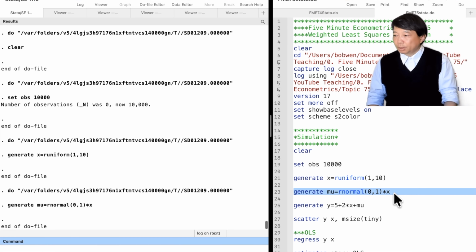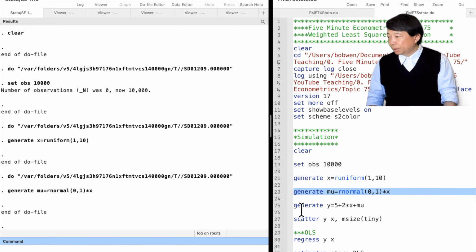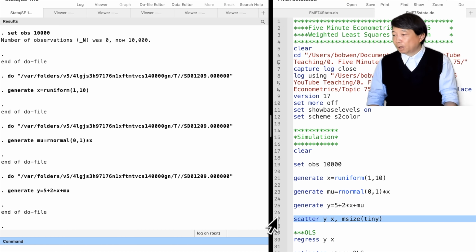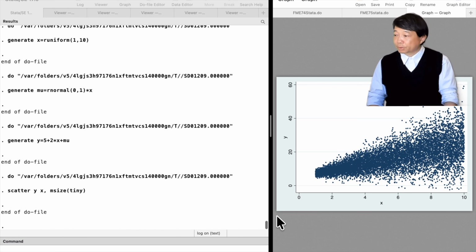As a result, the variance of mu is equal to x squared. Next, we generate the outcome variable y based on the population equation. We can find the pattern of the heteroskedasticity when we scatter y against x. Now we have data that exhibit heteroskedasticity.